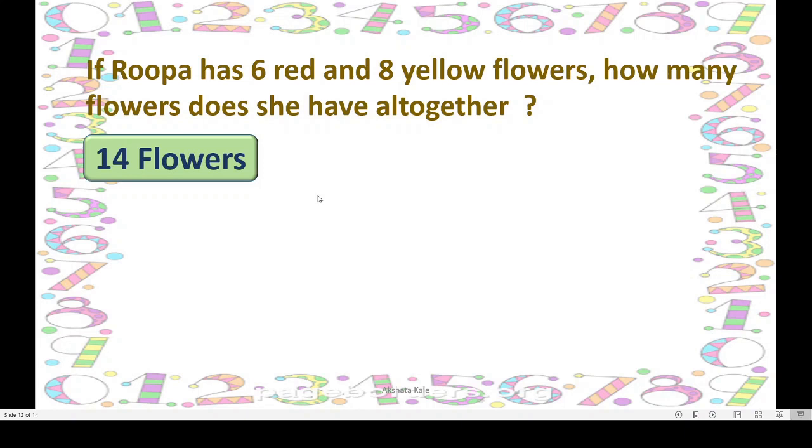14 flowers, isn't it? A shortcut method is there. I will show you. Now, dear children, here 6 red and 8 yellow flowers are there. Isn't it? So that 6 and 8. What is the difference? Difference of 2. Correct? So we can write 6 plus 6 plus 2. It is easy, I think. 6 plus 6 is 12 plus 2, that is 14.